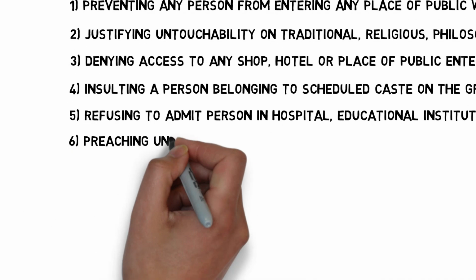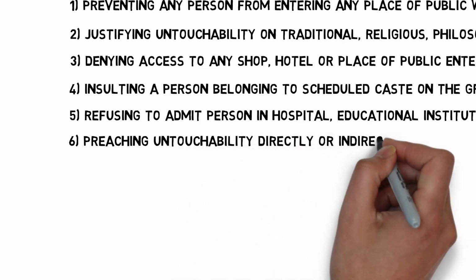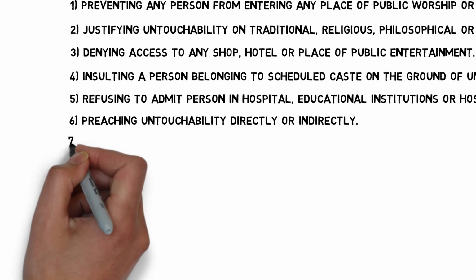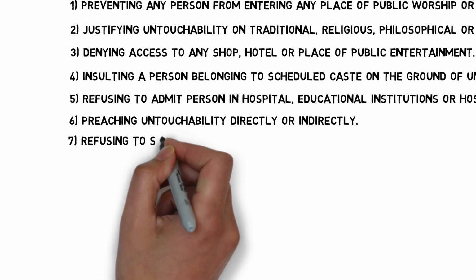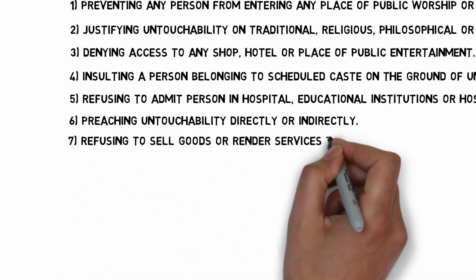Moving on, we have the sixth offense, practicing untouchability directly or indirectly. Here, if any person practices untouchability directly or indirectly, in any form or by any means, then such a person will be penalized and punished under the Protection of Civil Rights Act 1955. And the last offense, the seventh one, is refusing to sell goods or render service to any person.